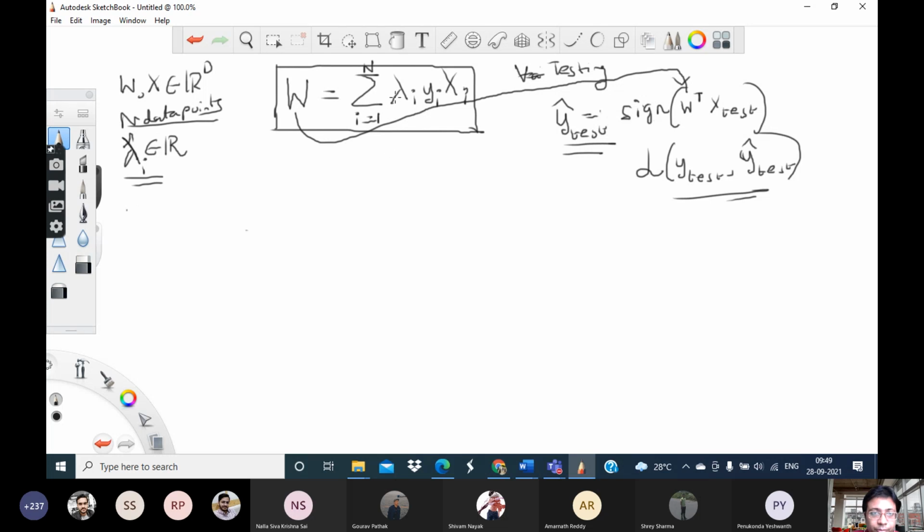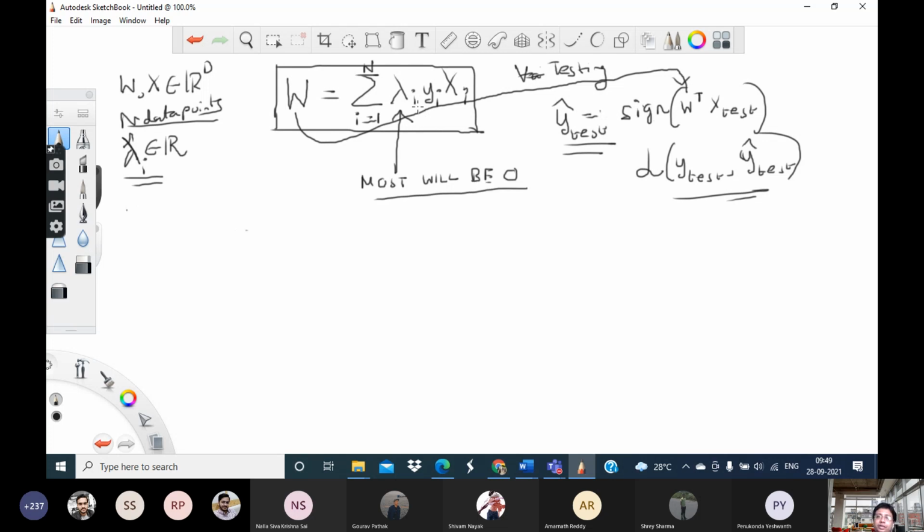Now it can be mathematically established, which we will not go into in this class, that most of these lambdas will be equal to 0.